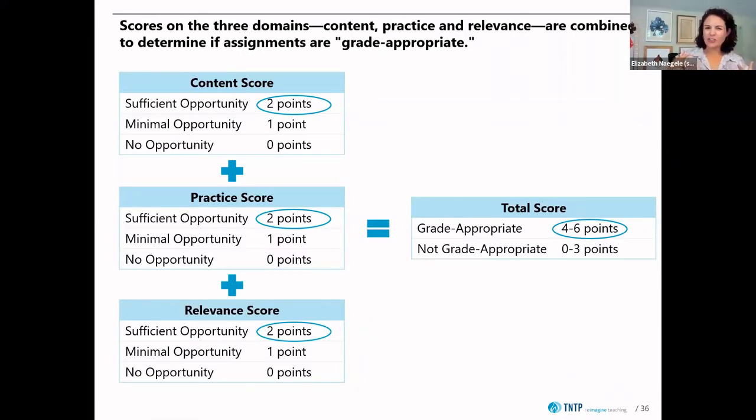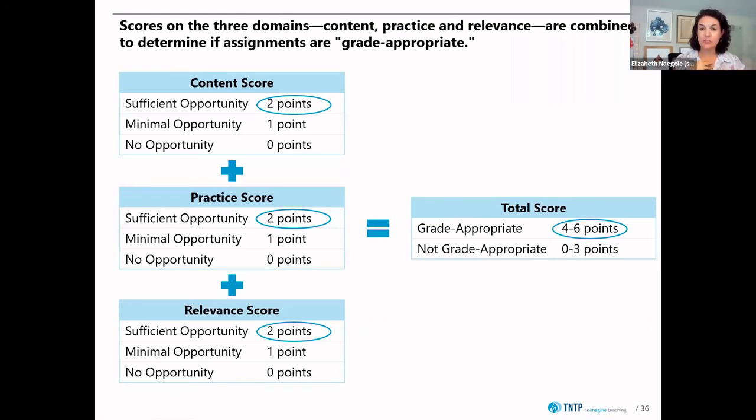To give an overall determination of whether something is grade appropriate or not, we can combine all of the scores and get an overall score. When we rated assignments for The Opportunity Myth, anything that got a 4 or above, we counted as grade appropriate, and anything 3 or below was not grade appropriate.